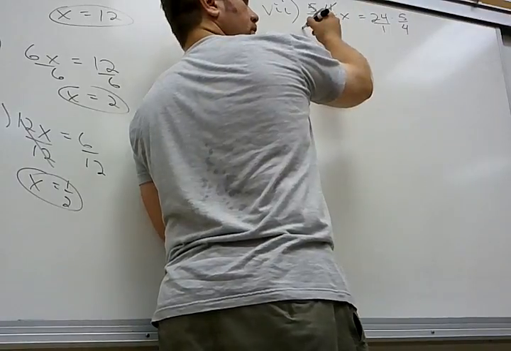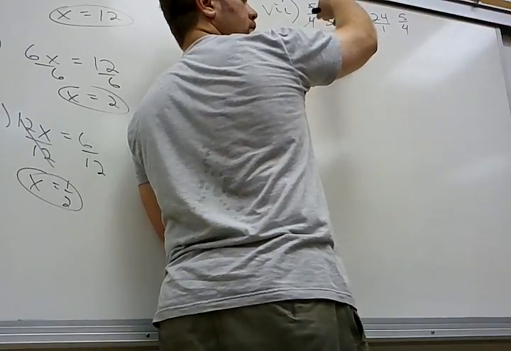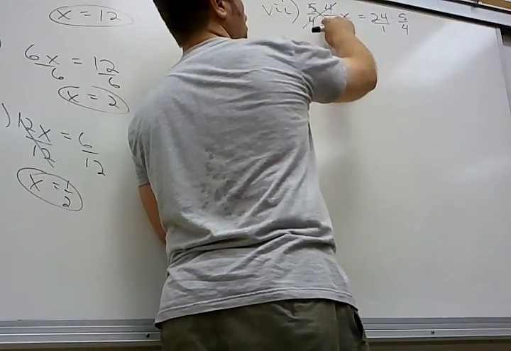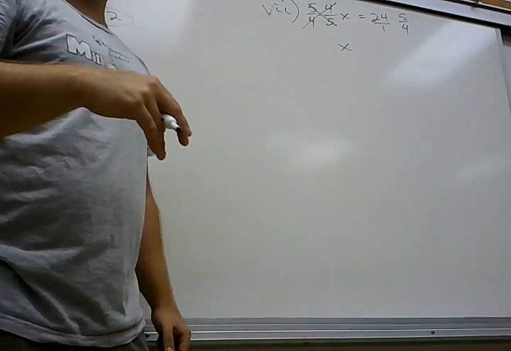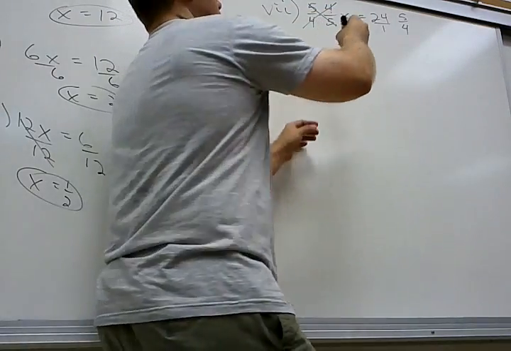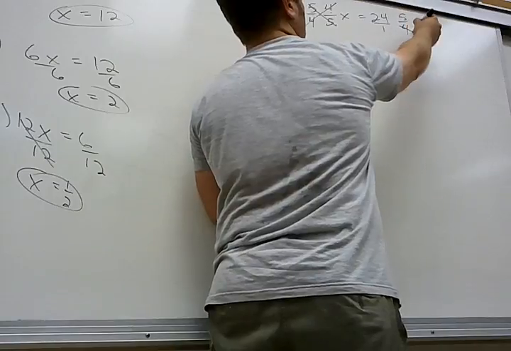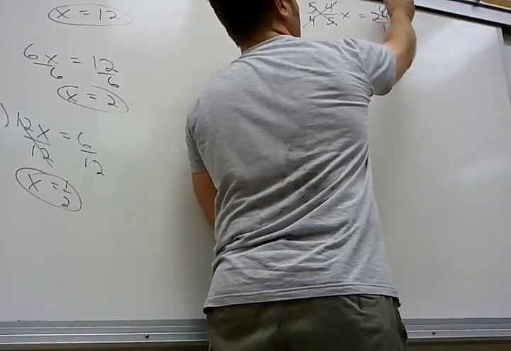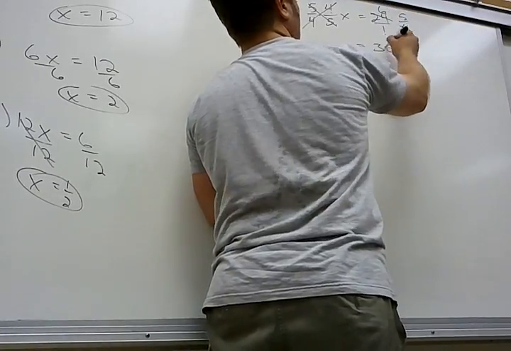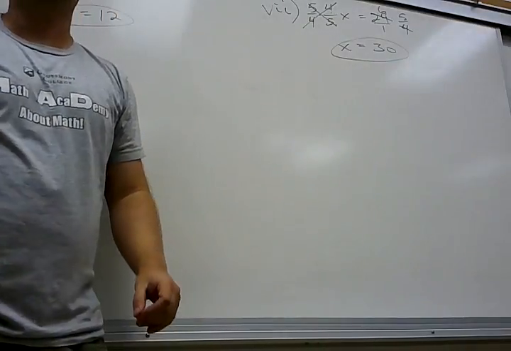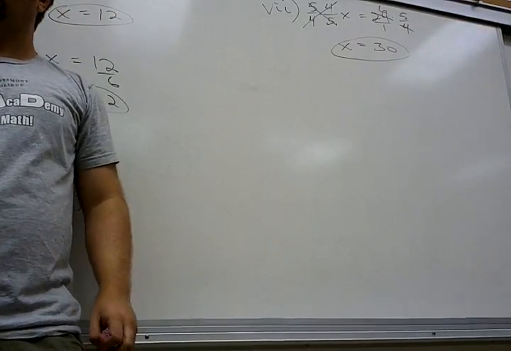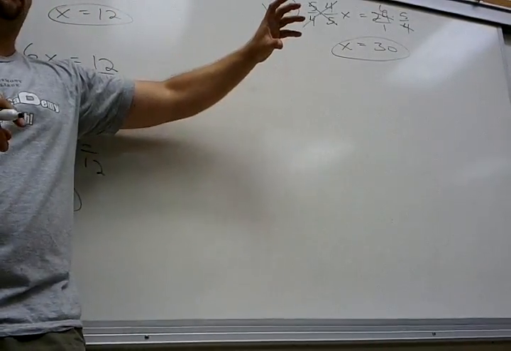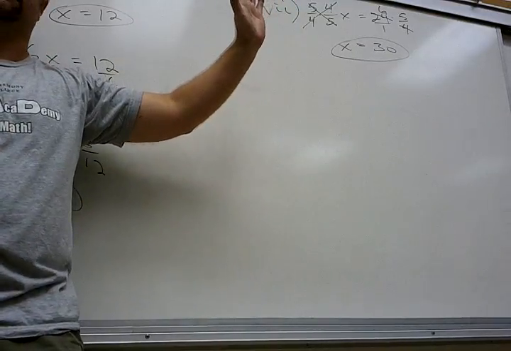Obviously those cancel. Now what's left here? x. Yeah, just the 1x. Equals, I love it, because 4 goes into 24 6 times. 5 times 6 is 30. Sweet. So remember that multiply by the reciprocal when you have that fractional coefficient. You can kill it all at once. Right?